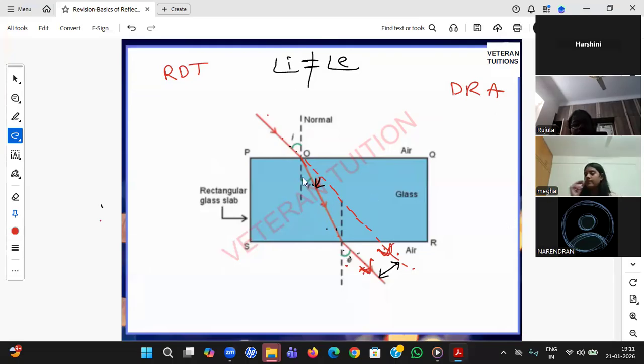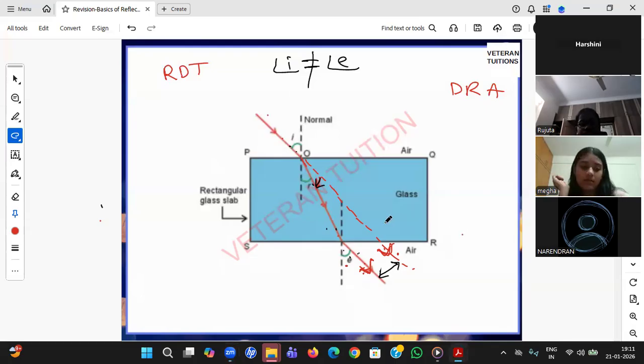Angle I and angle E, incident angle and emergent angle. Others, please give the answer in the chat box. Vijita, okay, equal. Equal only. Mega, equal. Okay. Yes, Mega.